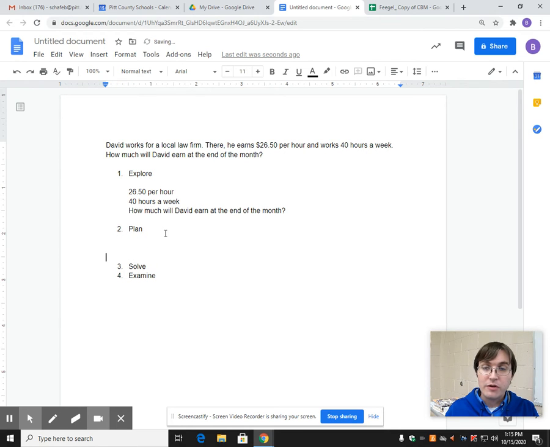Now, we could jump straight in and solve it, but instead I want to stop and come up with a plan. What's my game plan for solving this? I don't want to just start writing things down. I want to come up with a logical way of laying all of this information out so that I can come up with the best solution possible.